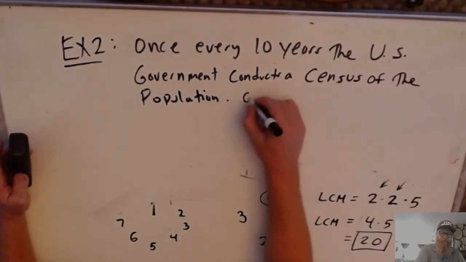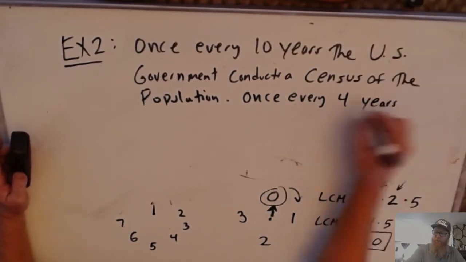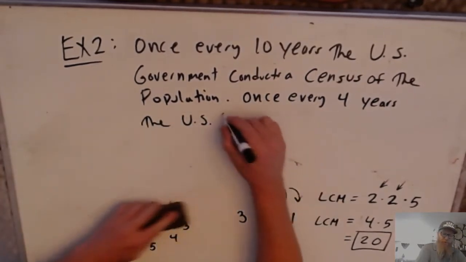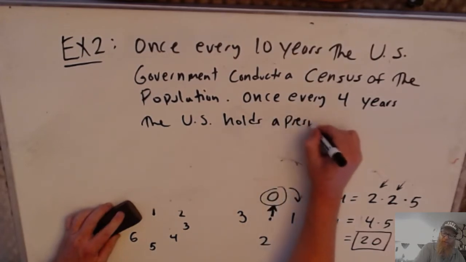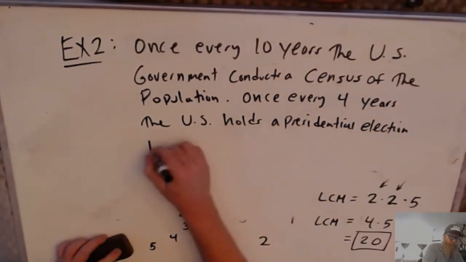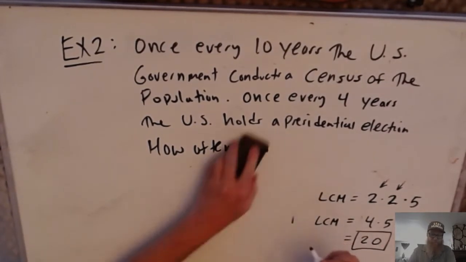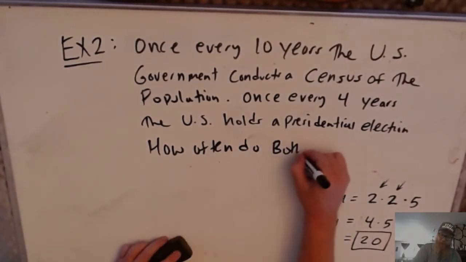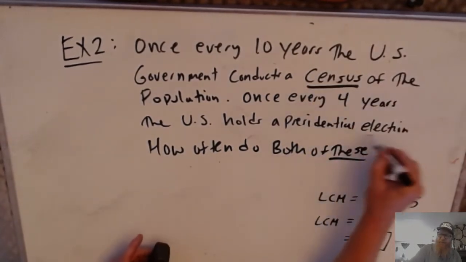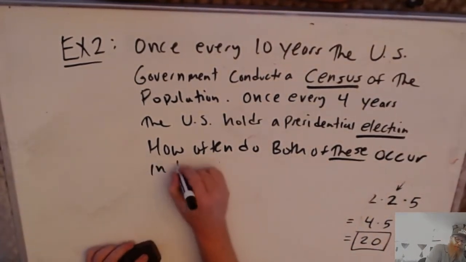All right. Once every 4 years, the United States holds a presidential election. How often do both of these, and I'm assuming both of these meaning the census and the election, occur in the same year?